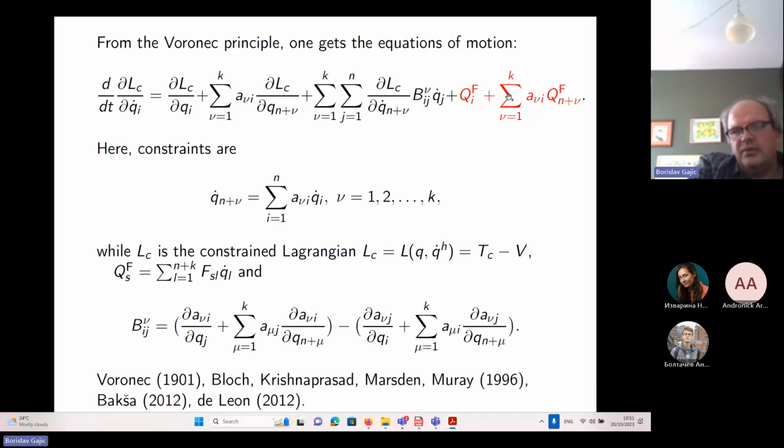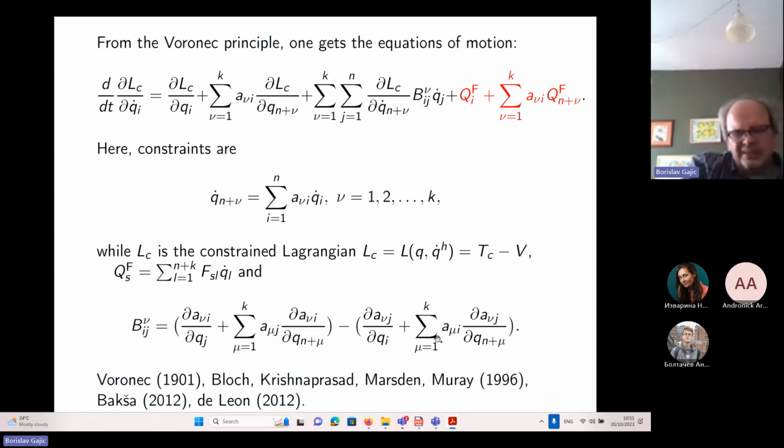And in Q we have this additional part, which in our case is given by our gyroscopic forces. As you can see on the right-hand side, there is B_ij nu, which are the components of the curvature tensor given in local coordinates. The classical Voronets equation without these gyroscopic terms was given by Voronets in 1901, and this geometric setting was given by Bloch, Krishnaprasad, Marsden, and Murray in 1996.